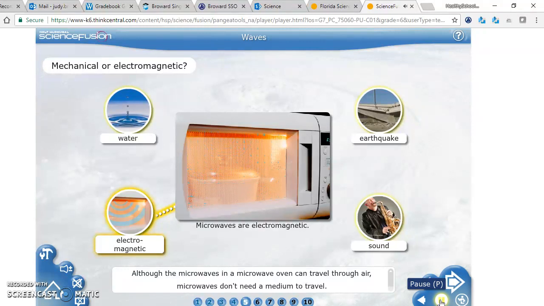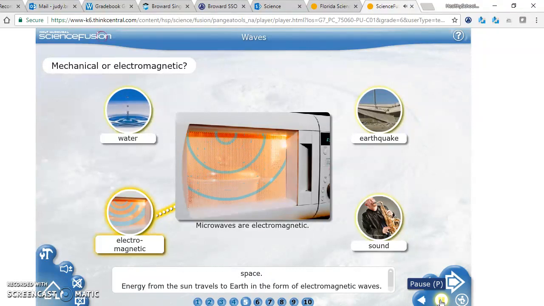Therefore, microwaves are electromagnetic. Like light, radio waves, and X-rays, microwaves can travel through empty space. Energy from the sun travels to Earth in the form of electromagnetic waves.